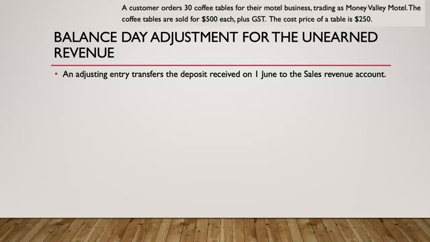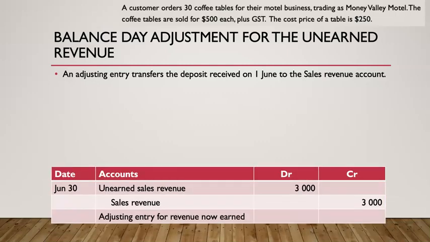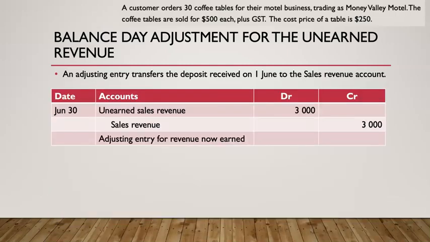Remember, we recorded a deposit on 1st of June of $3,000 where cash at bank went up, debit, and we recorded a liability of $3,000 of unearned sales revenue. To reverse this, because we now no longer have a liability, we've done what we needed to do, we've met our obligation, we're going to reduce that liability of unearned sales revenue.